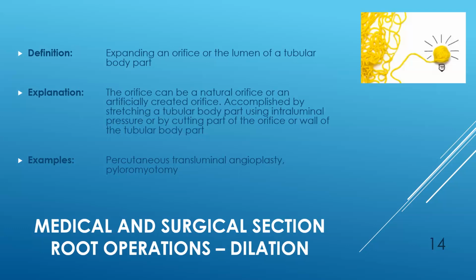They have a balloon attached. They open that balloon and stretch out the lumen of the tubular body to increase blood flow. Another example would be a pyloromyotomy, which applies to any tubular body, digestive or other, but is most commonly seen in gastrointestinal and cardiovascular. Next slide, please.